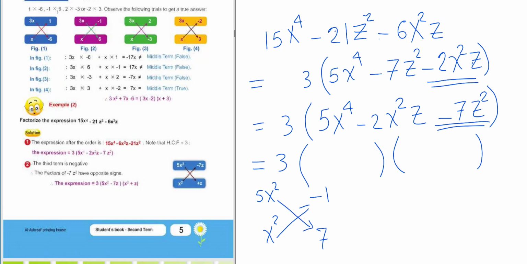Let's find the product of extremes and the product of means. x² times 1 equals negative x². 5x² times 7 equals 35x². This is false, because their sum doesn't equal the middle term.